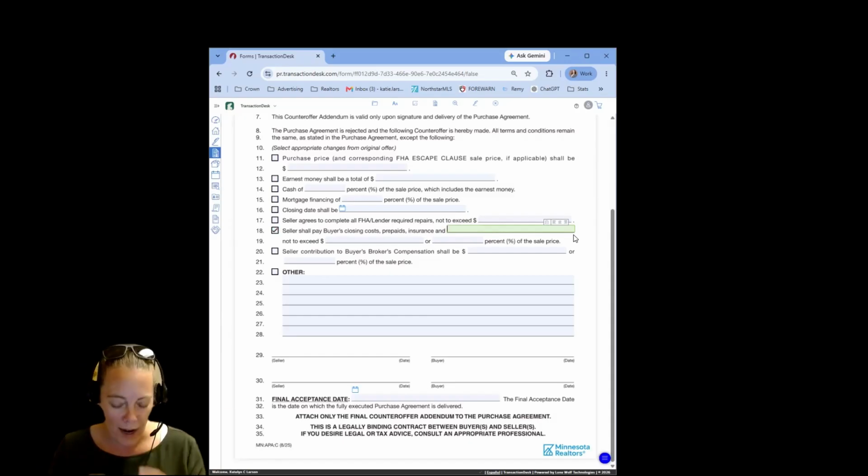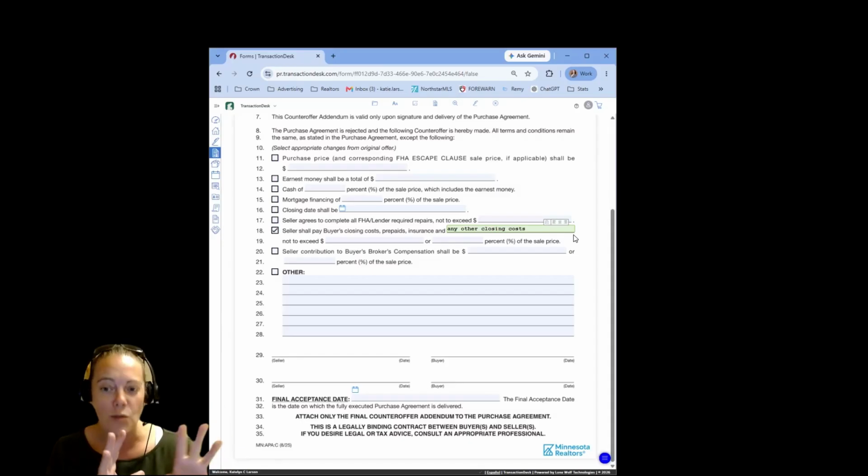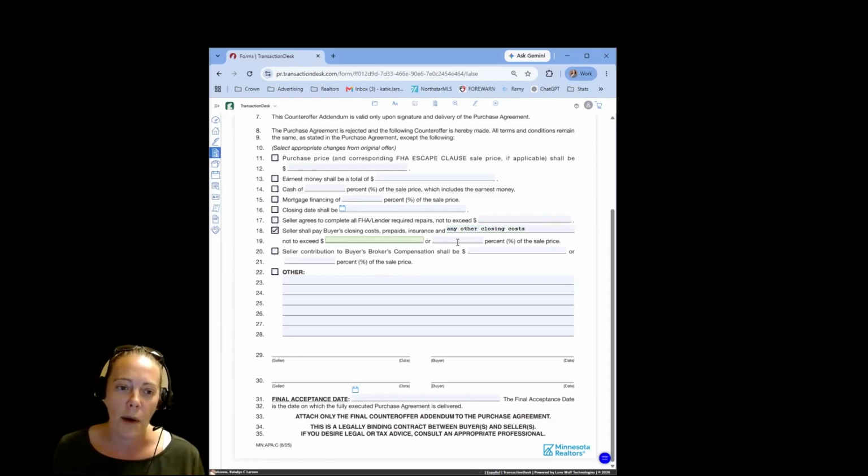The easy way to handle this is to write any other closing costs, not to exceed, and so on. If there is something specific that you need to call out that the seller is paying, then that's what you would use that line for. Okay. And then you would put in a dollar amount or a percentage.